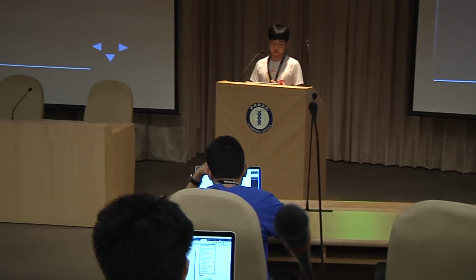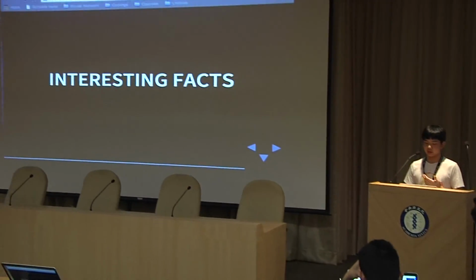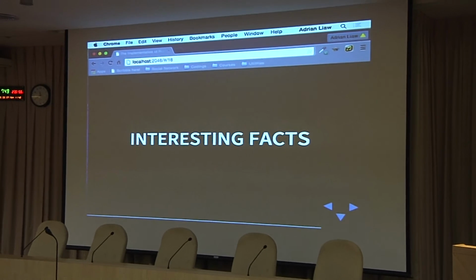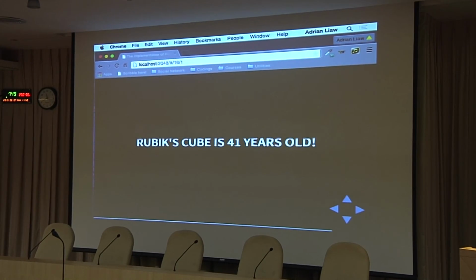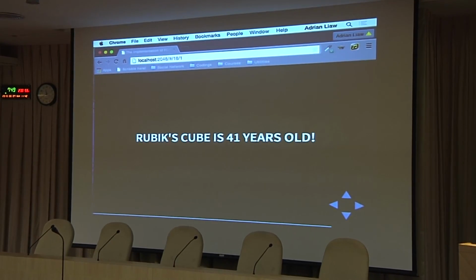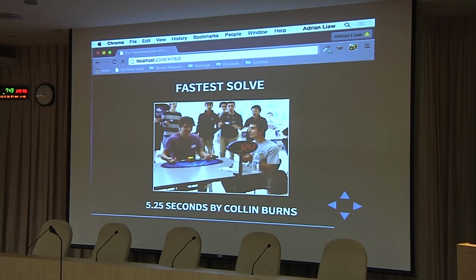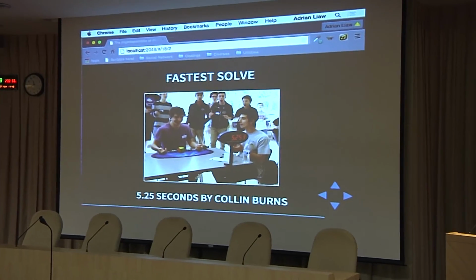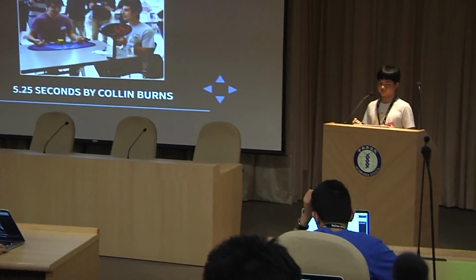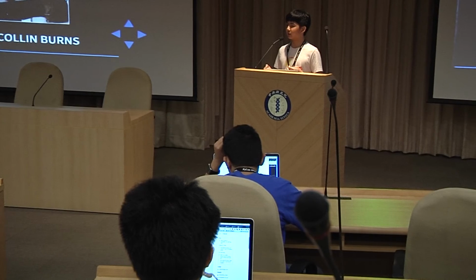Okay, so I'm going to talk about some interesting facts about the Rubik's Cube. The Rubik's Cube is already 41 years old, and the fastest solve is by Colin Burns. It's 5.25 seconds.